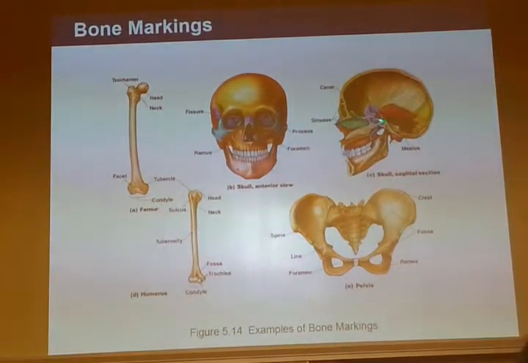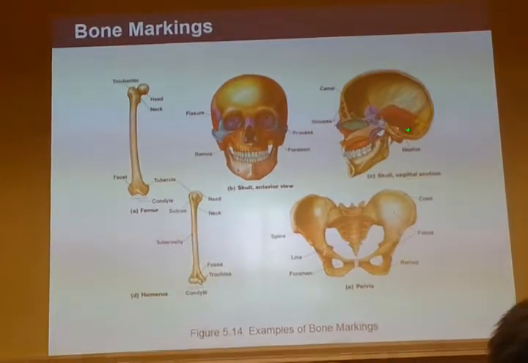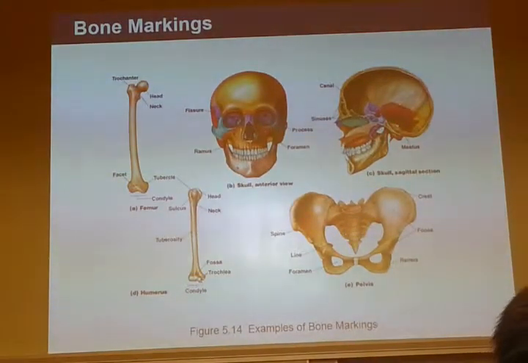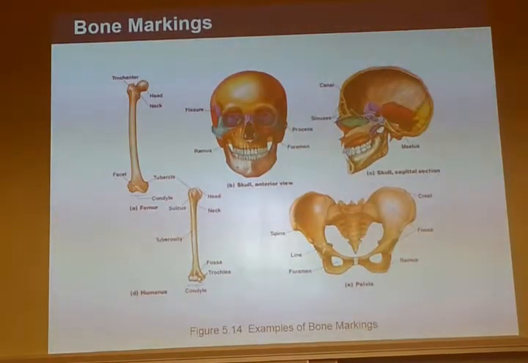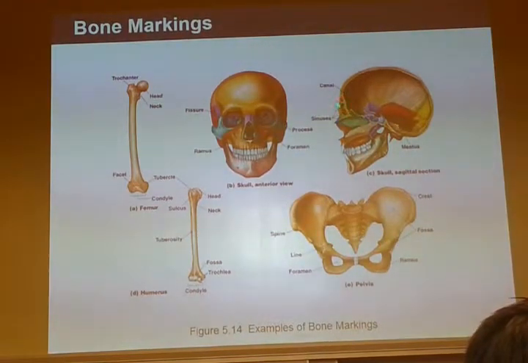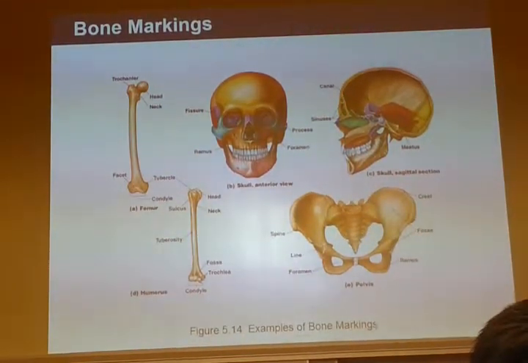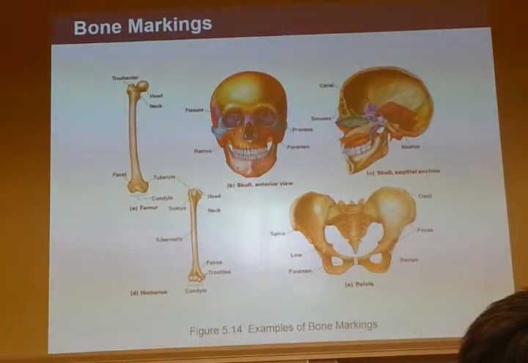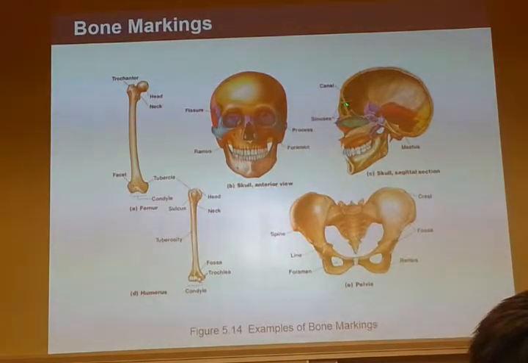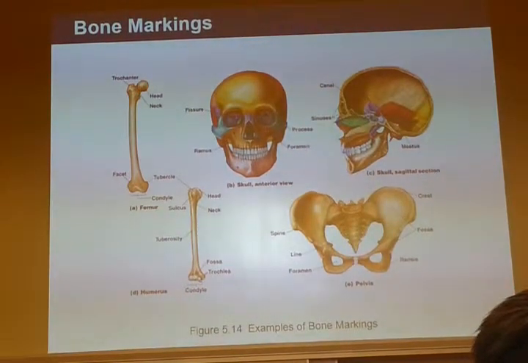So we've got a canal here, and we've got a meatus. Those are openings in the bones. We have areas where there are just large dilated areas in the bone that will contain respiratory epithelium. They're there to drain into the nasal cavity and serve to trap particles that may be inhaled.